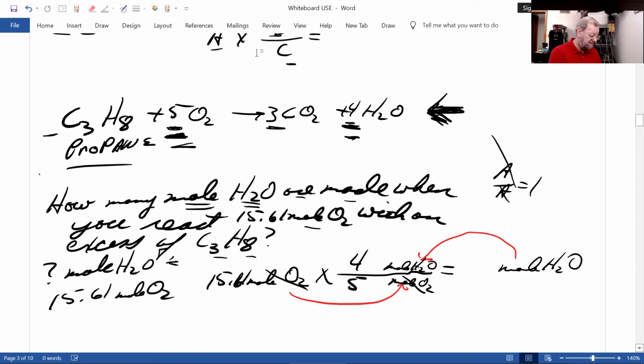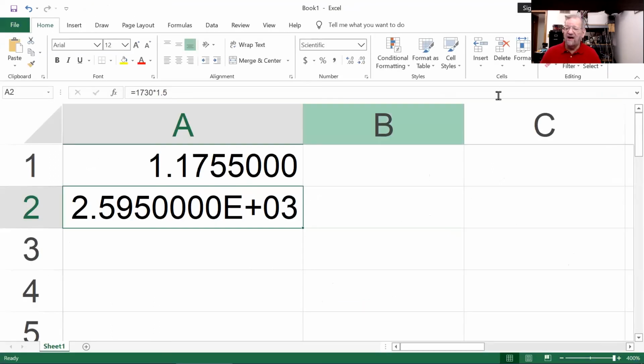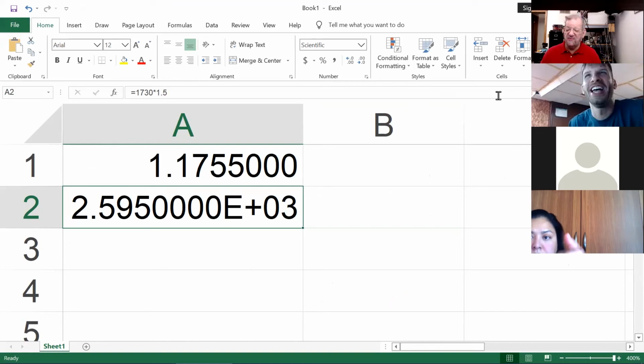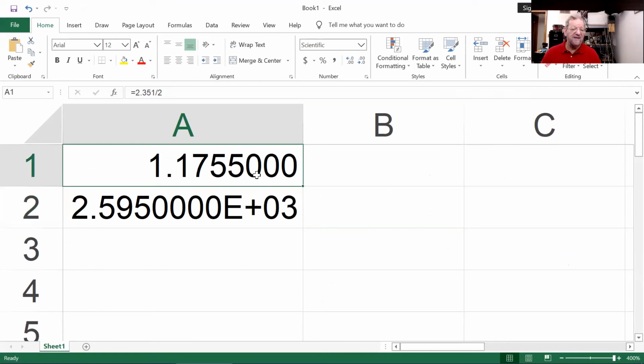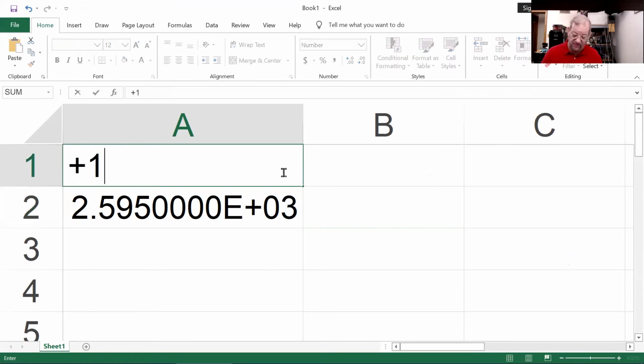And now it's time for me to go to my calculator. And let's see if you can all see it. Time for a thumbs up, people. Can you see the spreadsheet? Thank you. 15.61 times 4 divided by 5.